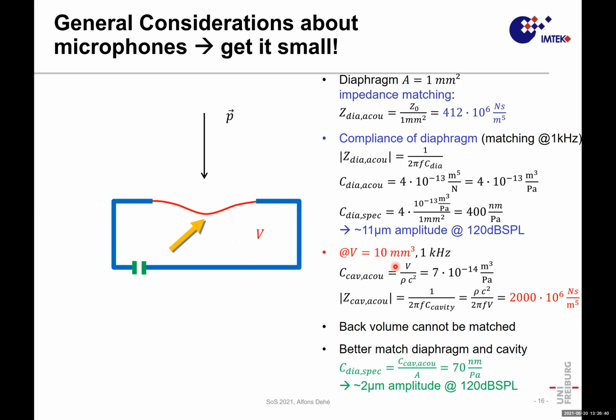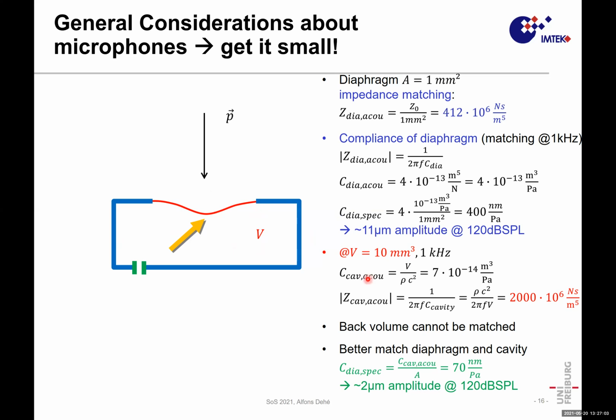We calculate the compliance from this cavity as well, because these two compliances are competing with each other. The spring of the diaphragm and the spring of the back volume are sharing the energy. So we would need them in similar dimensions.